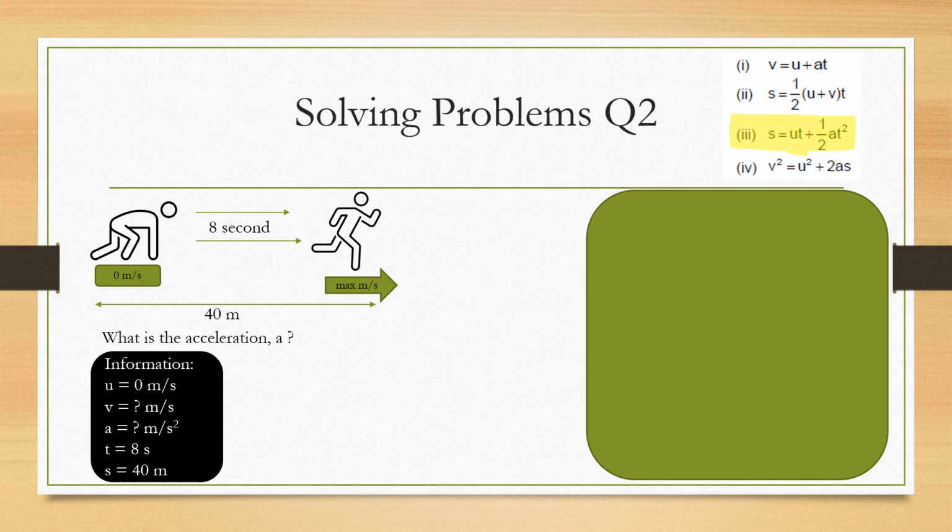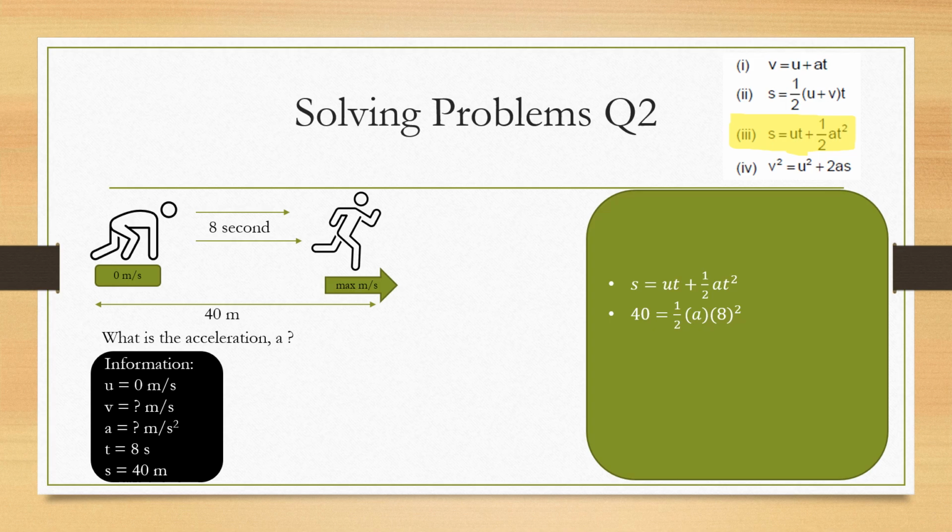Okay, so let's write the equation first. s equals ut plus half at square. So we replace all the values with what we have. We have 40 for the displacement, and because the initial velocity is 0, ut is already cancelled.